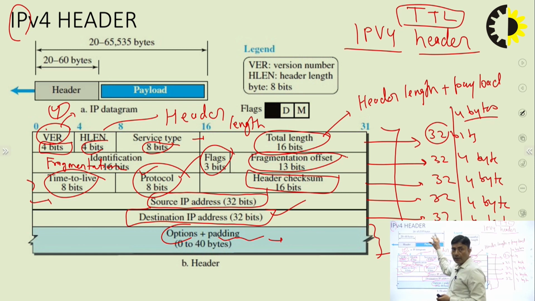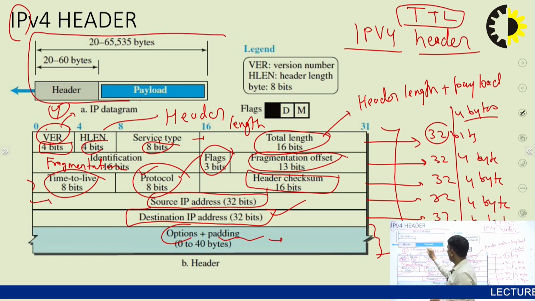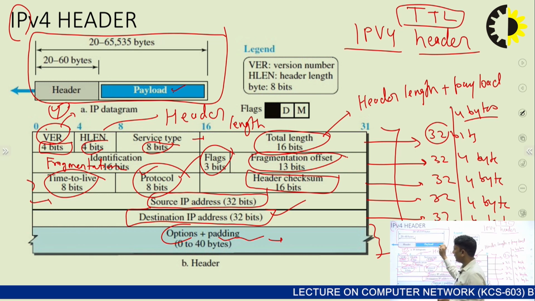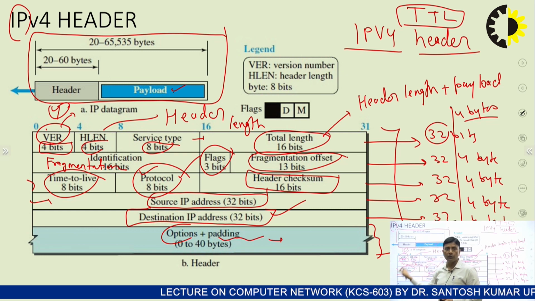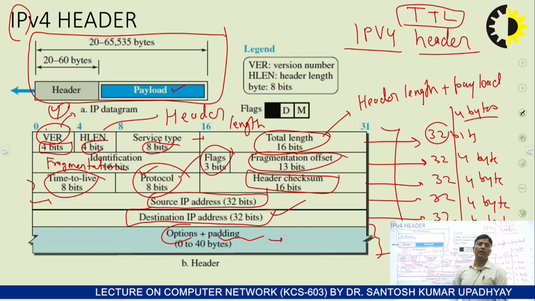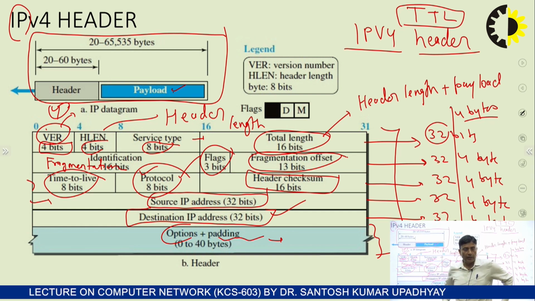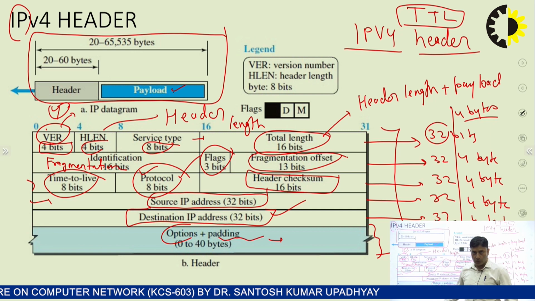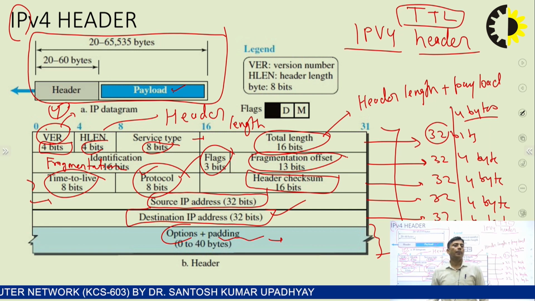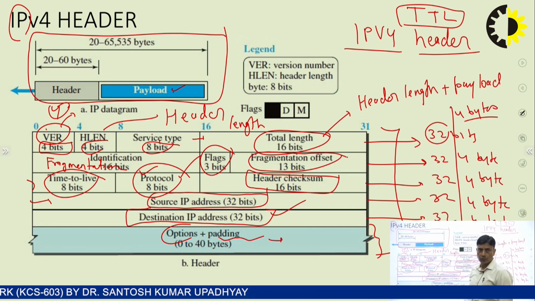So when we see the datagram, this is the whole datagram where there is a header with payload. Payload is the actual data we want to transfer, and header is the control information along with that payload, that assists different routers in the delivery of the packet from source to destination.